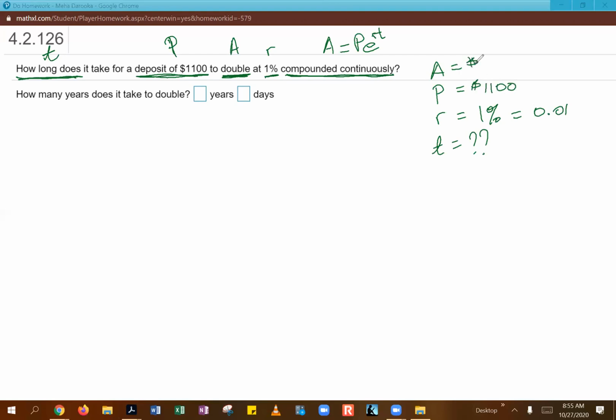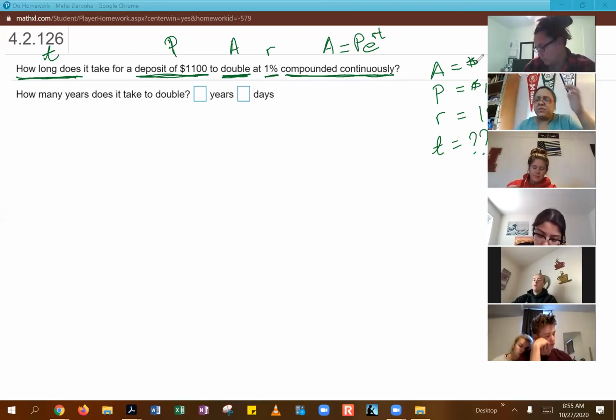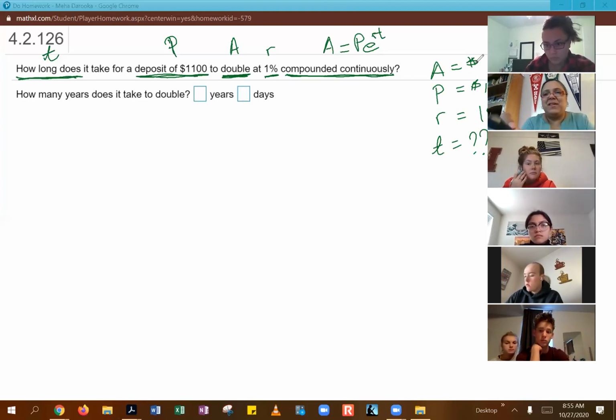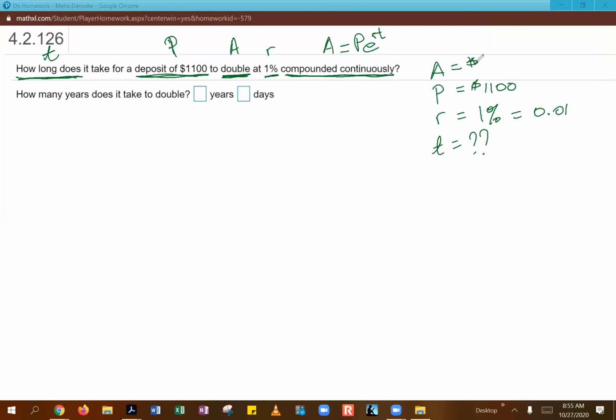So what do you think the dollar amount for A is going to be in this case? What are you going to put for the A value here? Would it be 2,200? It will be very nice because they're telling you your dollar amount is doubling. So basically just take 1,100 times 2, and that gives you your A value of 2,200.